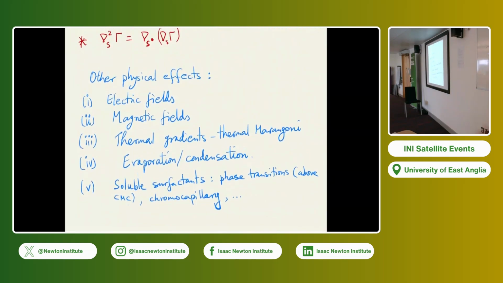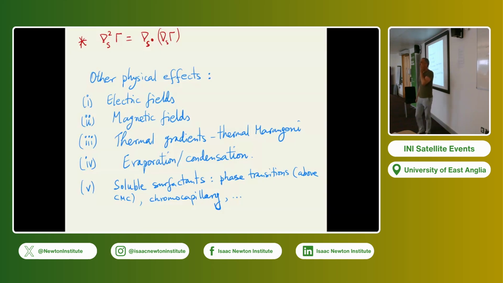And like I said before, what other things can you do? You can have electric fields, magnetic fields, thermal gradients. We've done all of these problems. These are fairly straightforward and well defined.